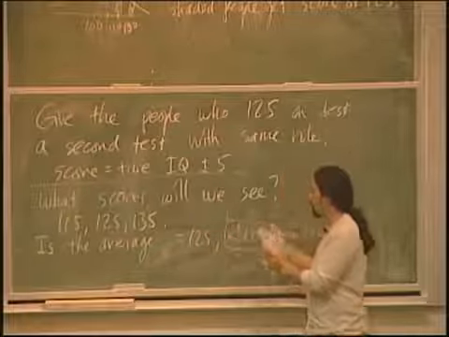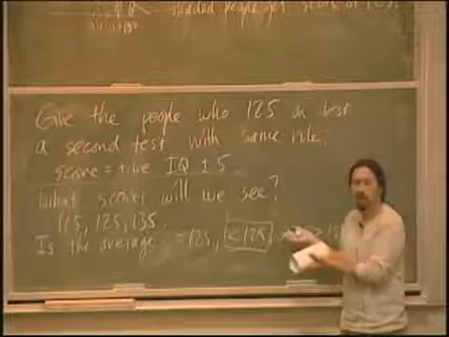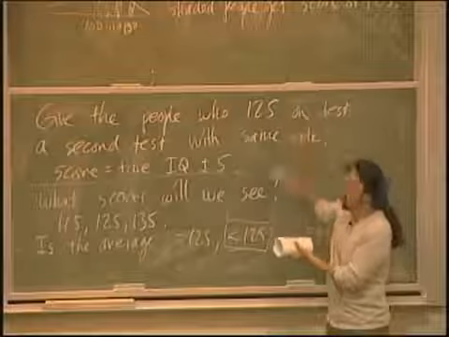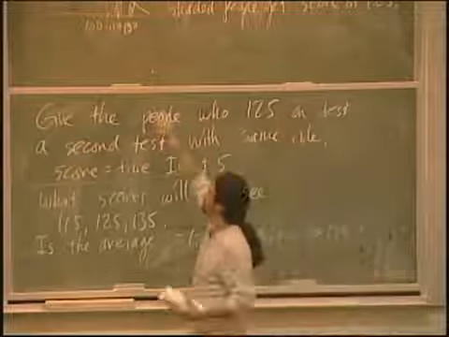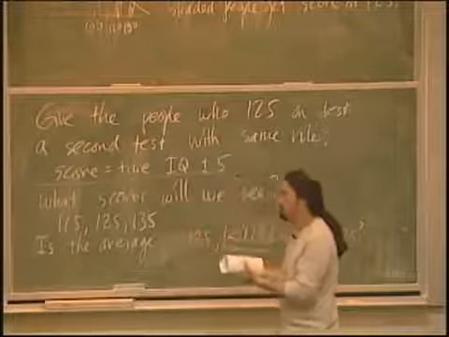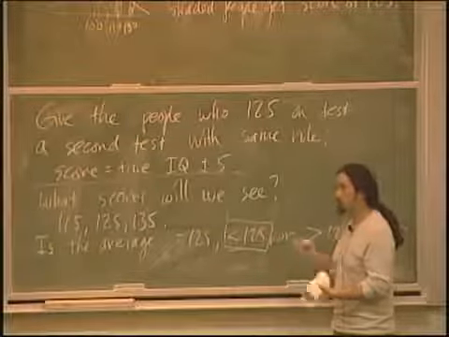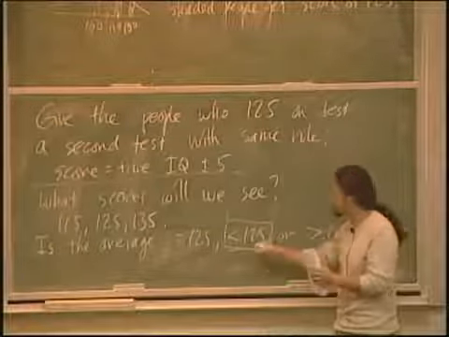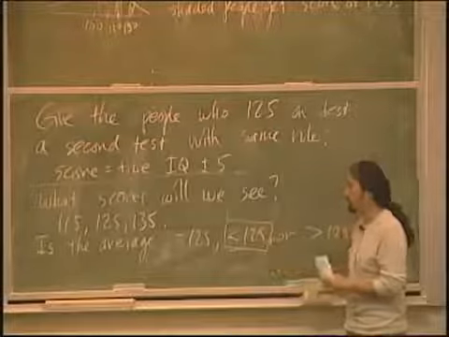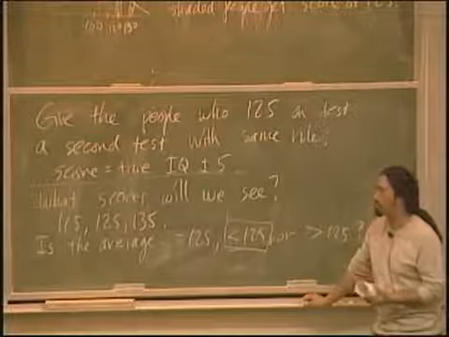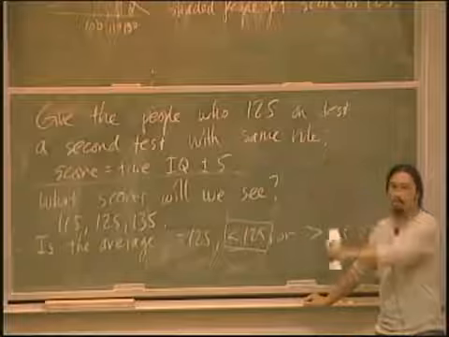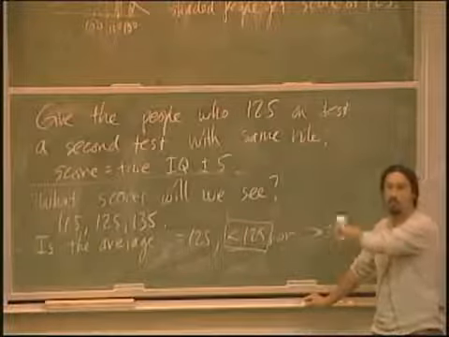No longer are these people lucky, right? So when you take the 125s as a whole, more of them are +5s than -5s. When you take the second test, equal numbers of +5 and -5. So that's one way you might think about why that average score goes down. Okay, questions on any of this regression effect stuff, this example?